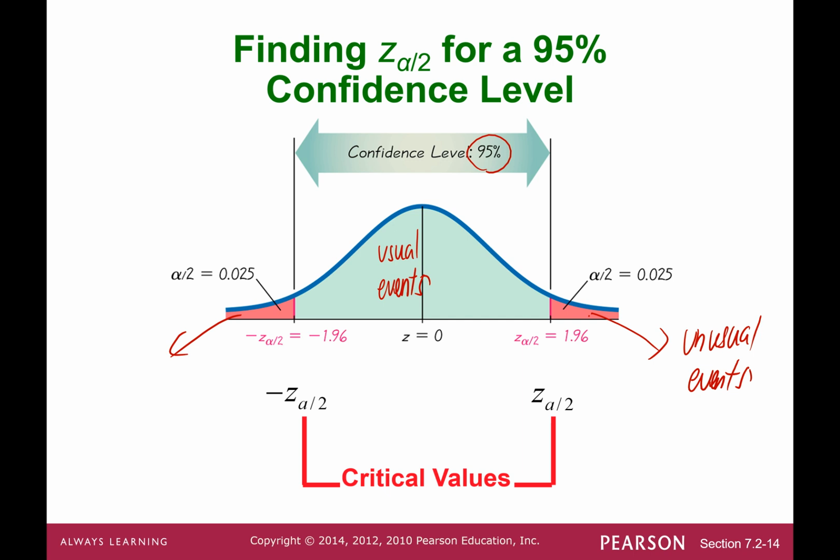If the confidence level is 95%, then the error in each tail will be 0.025, which is alpha, 5%, divided by 2.